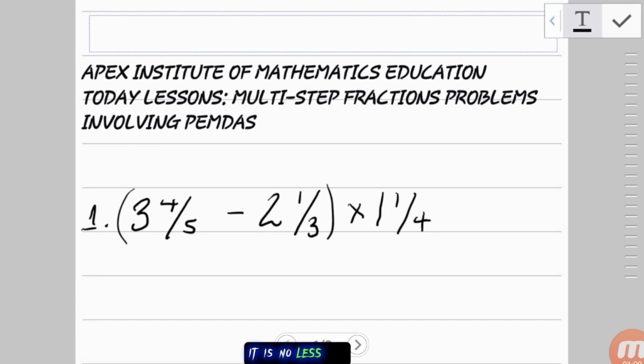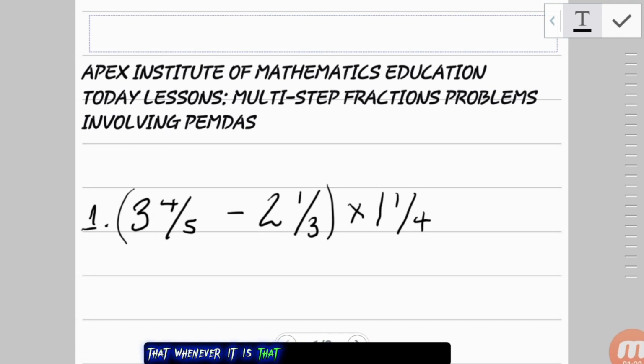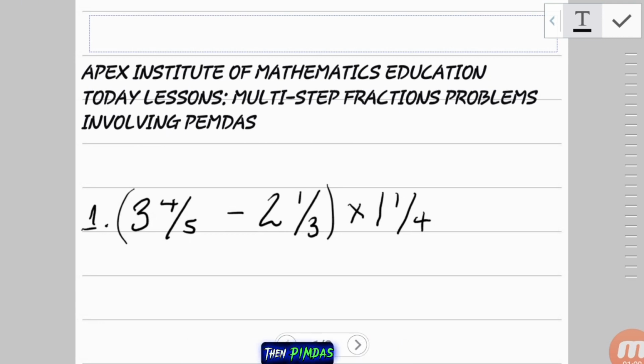So it is no less here that whenever we are doing a math problem that combines more than one operation, then PEMDAS will perhaps be the principle that you will have to apply, because of course PEMDAS tells us the sequential order in which problems must be simplified.